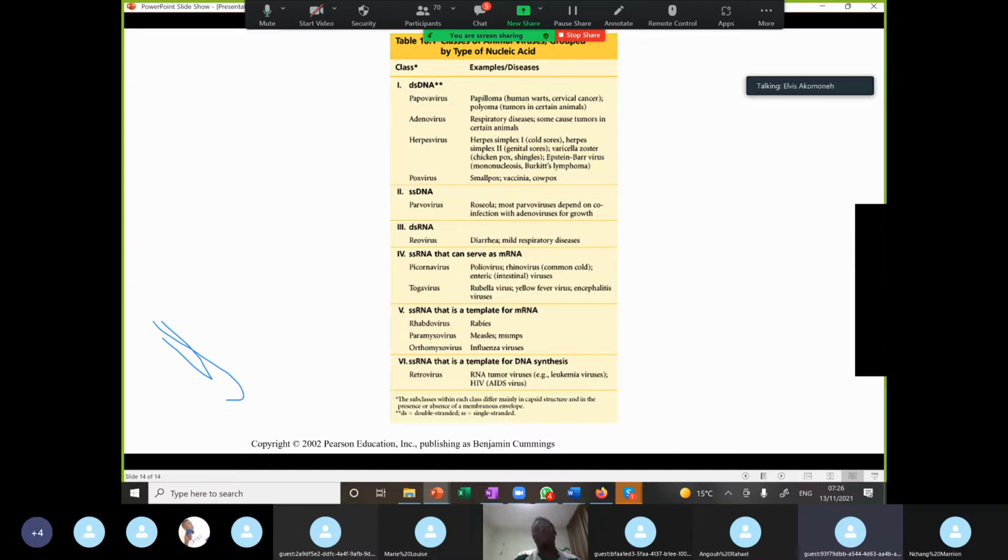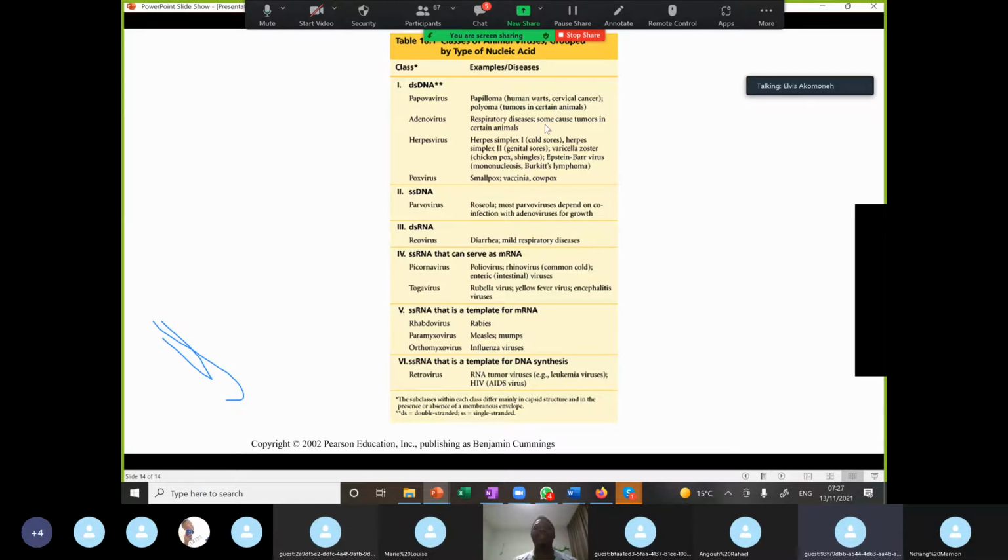So within this DNA or RNA, there are further classifications of the virus. A virus could have a double-stranded DNA. An example is the human papilloma virus that causes cervical cancer, which is a major issue in the world today.